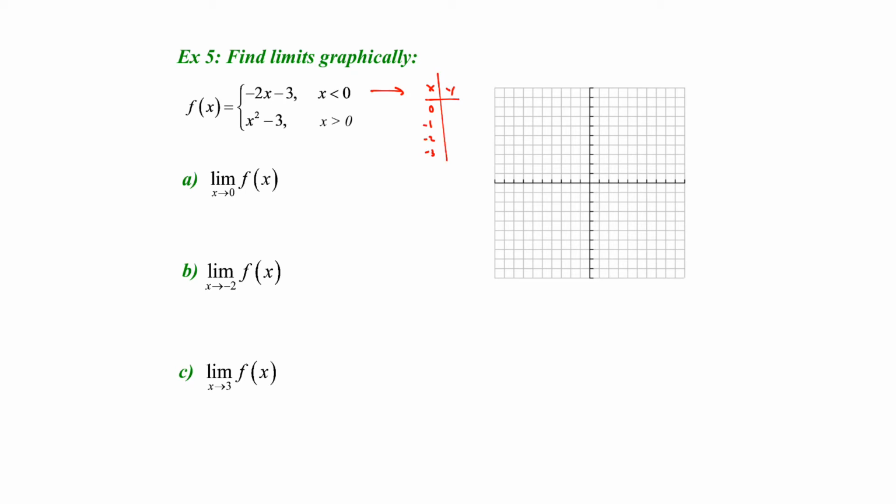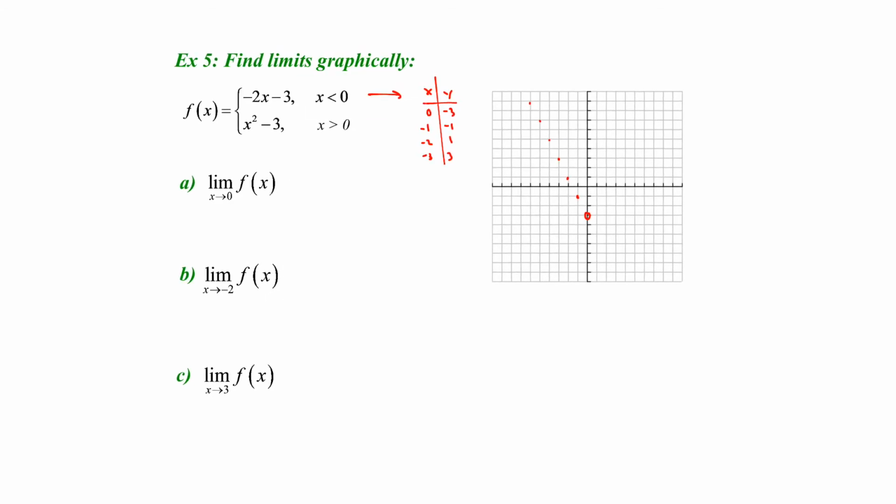When x is -1, it is at -1. And when x is -2, it's at 1. And -3 would be at 3. And you can see that the slope on this one is -2, so it is going down. So if you want to get a couple more points in there, you can.